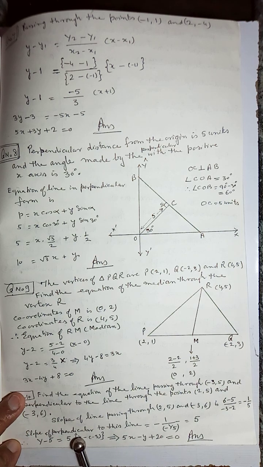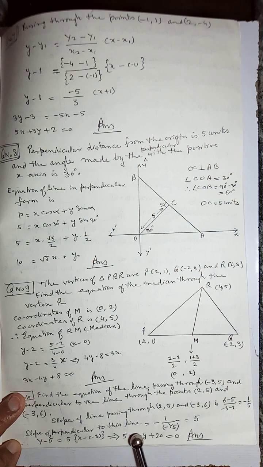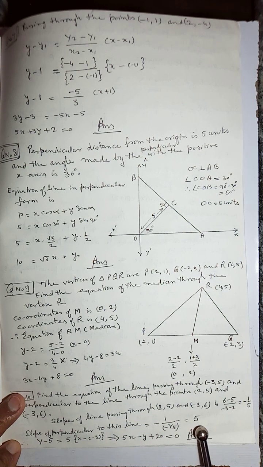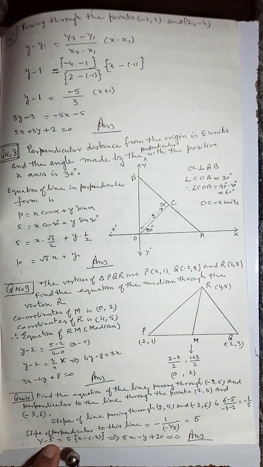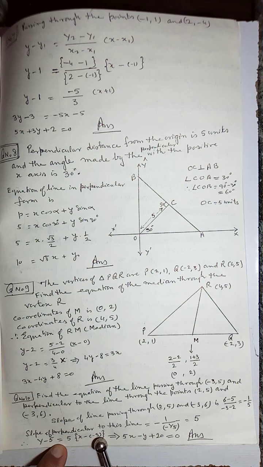So the slope of the perpendicular to this line will be 5. So y minus 5 is equal to 5, that is the slope, in bracket I have written x minus -3.